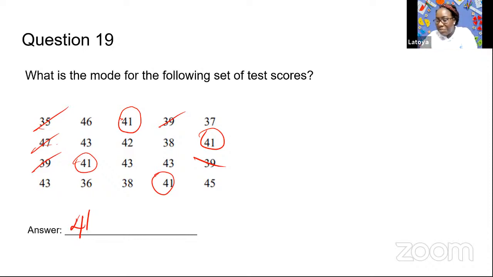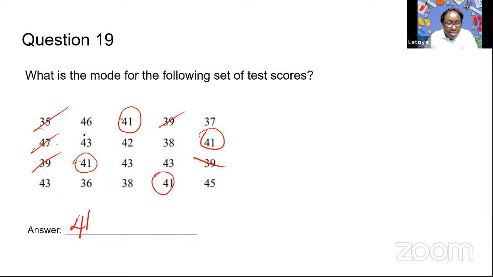41, so we go with 41. Everybody satisfied with 41? I'm not satisfied. Why? Because there is another number that's also repeating itself.